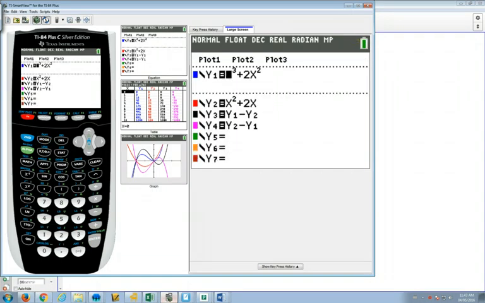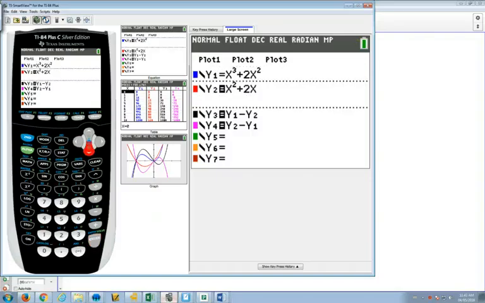So now what I'd like you to do is go back to y equals, and if we hit graph right now, you can see from my graph with all the colors there, there's going to be a lot of stuff going on. And you don't necessarily need to see that all. But you don't want to delete the functions in y1 and y2 because you need them. So what you can do is go over to the equals sign, which is black, and if you push enter, it unhighlights it, which means that equation is still there, it just won't graph it.